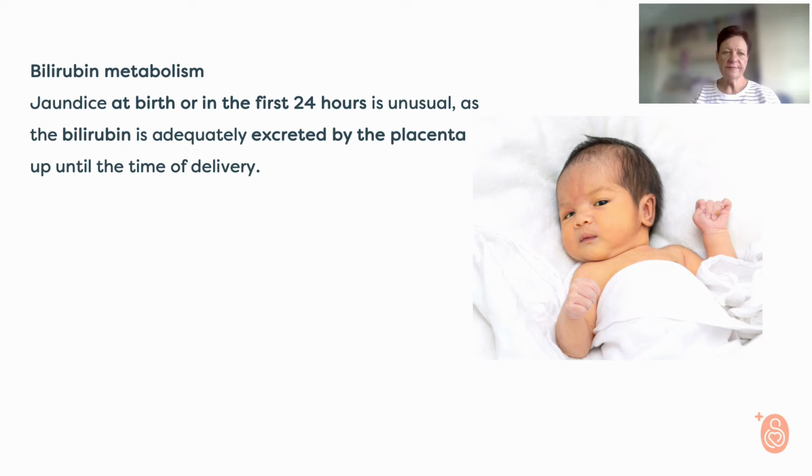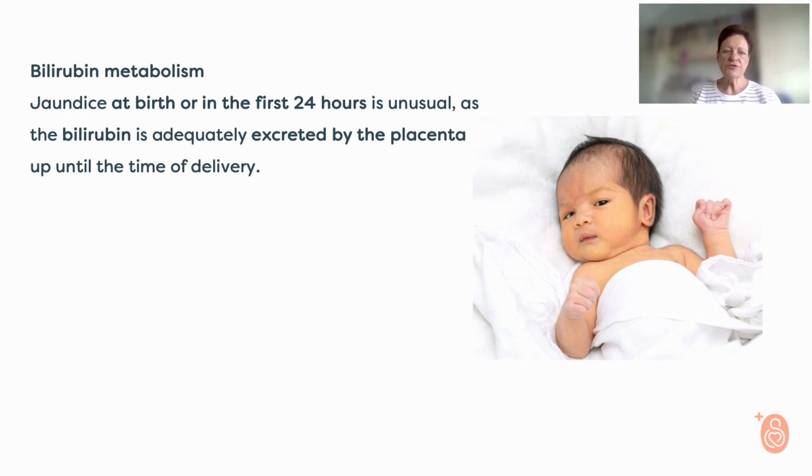Now, the next adaptation that we're going to talk about is bilirubin metabolism. What happens with the bilirubin metabolism during birth and just after birth. Now, babies are not supposed to be born jaundiced because in the intrauterine period, the bilirubin is usually excreted by the placenta and goes obviously into the maternal bloodstream, and it's excreted by the mother.